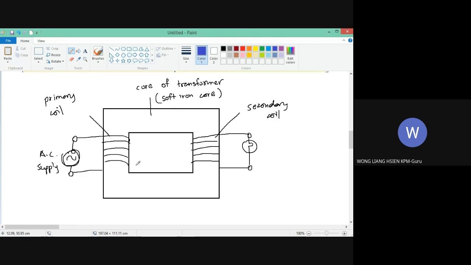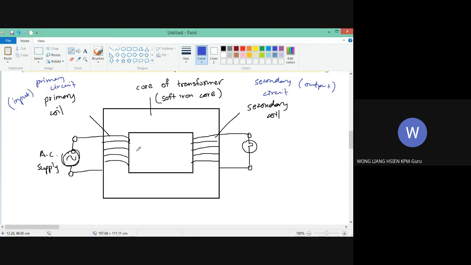The circuit in the primary coil we call the primary circuit. The circuit in the secondary coil, of course, is the secondary circuit. Sometimes we also call it the output circuit, and this one is the input circuit. There are a lot of different names that we can give, but they refer to the same thing.